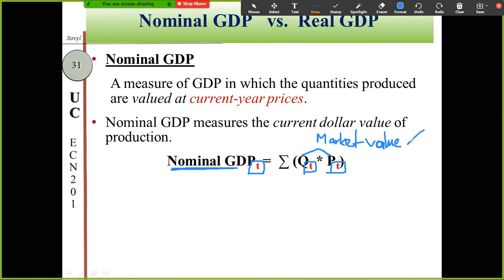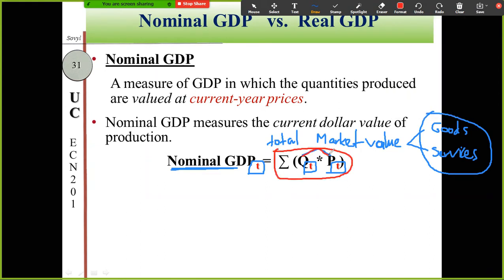Market value could come from goods and services. If we add all market values of goods and services together, it should be total market value. That's why this is total market value.